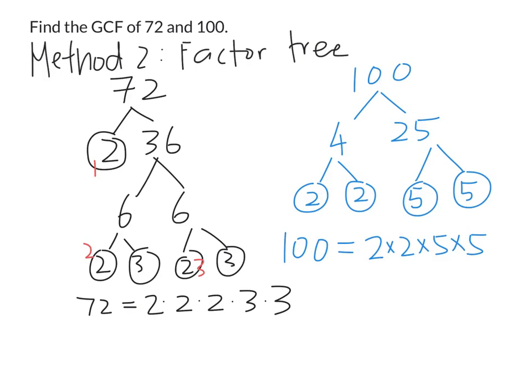From here we will see what prime factors are common to both numbers. So 2 is common to both numbers, the first 2, and then there's a second 2 that's common to both numbers. So the GCF will equal 2 times 2, and that gives us 4.